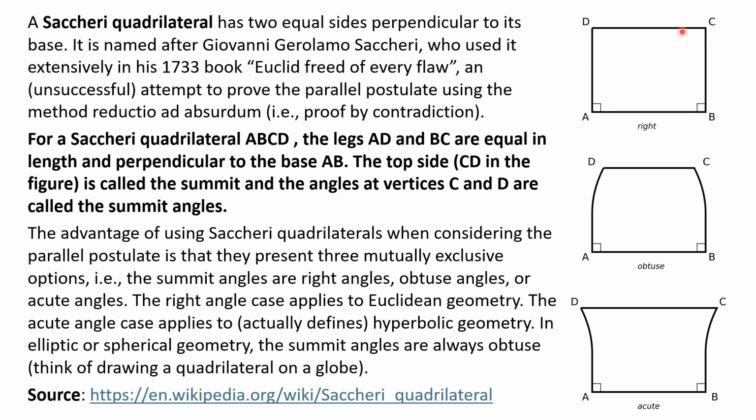So AD and BC are perpendicular to the base and have the same length in all cases. The top side, CD, is called the summit, and the angle at D and the angle at C are called the summit angles. So if these angles are 90 degrees, then we have an equivalence to the parallel postulate.